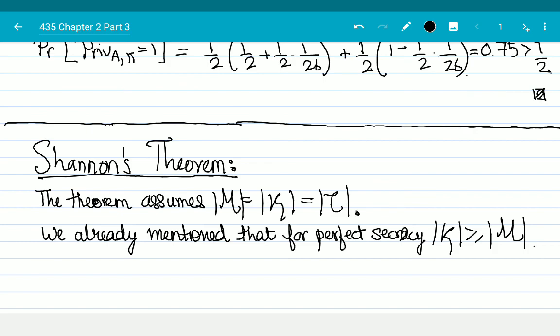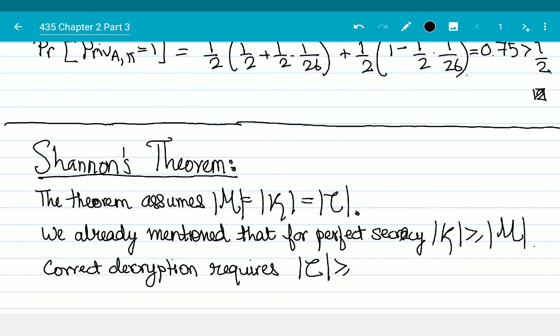Now, it is easy to say that correct decryption requires that the ciphertext space should be at least as big as the message space, right?